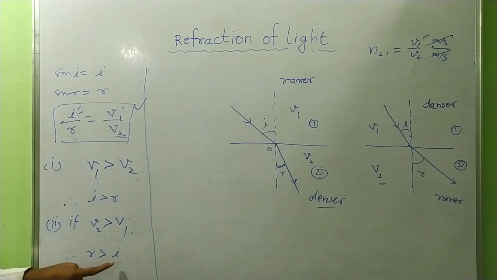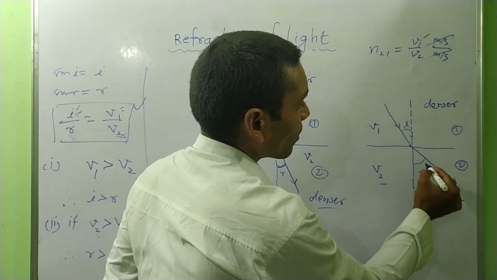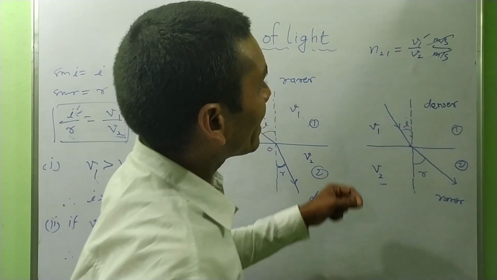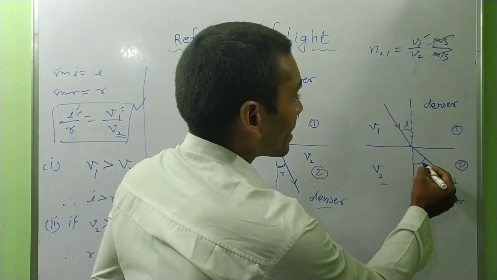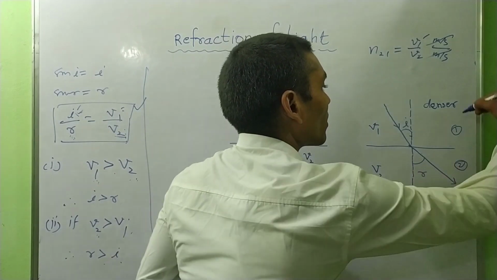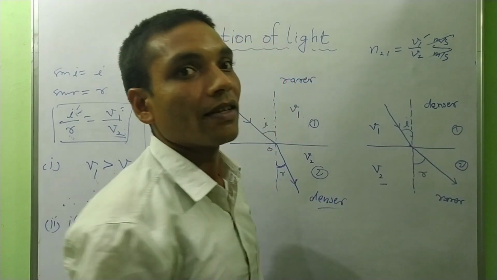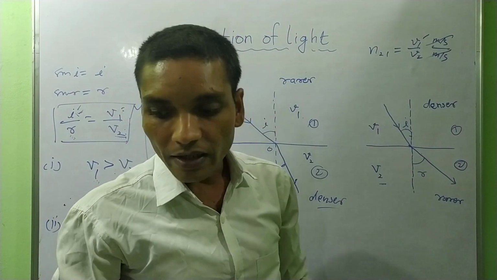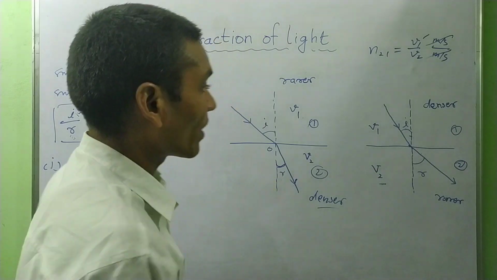Because i is less than r, when a light ray goes from denser to rarer, it bends away from the normal. This is the conclusion.